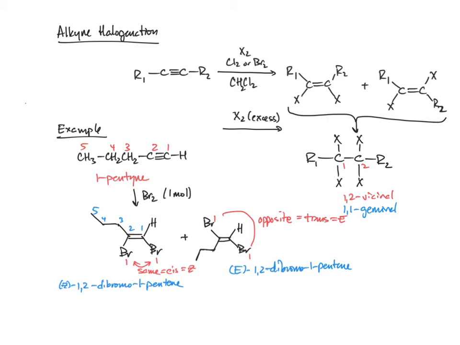So you could assume that you're probably going to get more of the E or the trans just based on minimizing the steric clash between the 2 bromines. So if you were to take this product mixture, which would probably be very difficult to separate, and you treated that with another equivalent, so a second mole equivalent. So now we have the first one, here's the second one. Both of these are going to converge to the same product because we're adding now bromine across, bromine across.